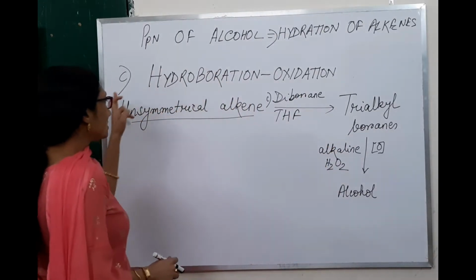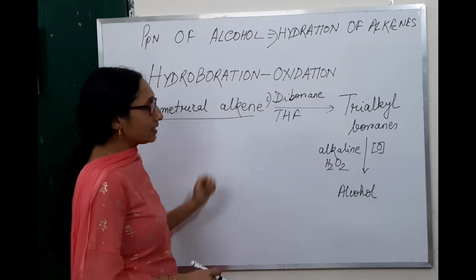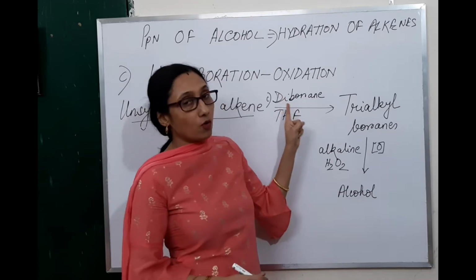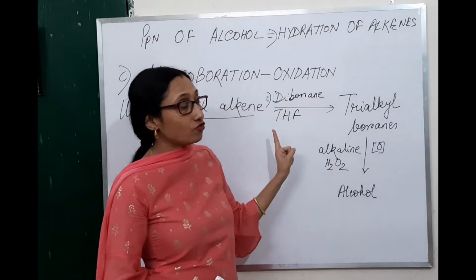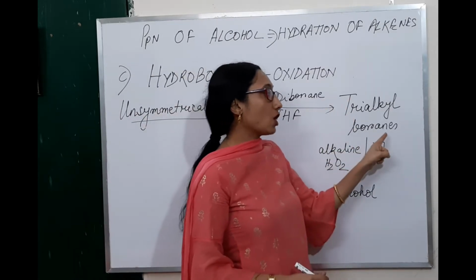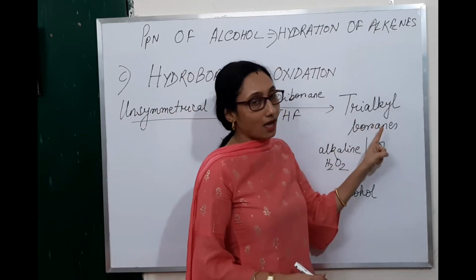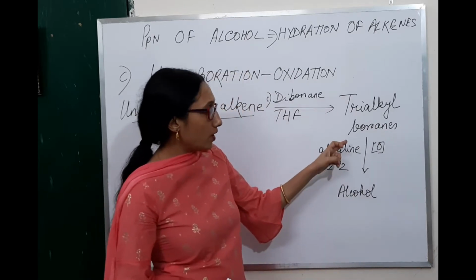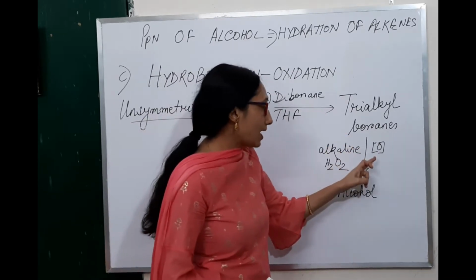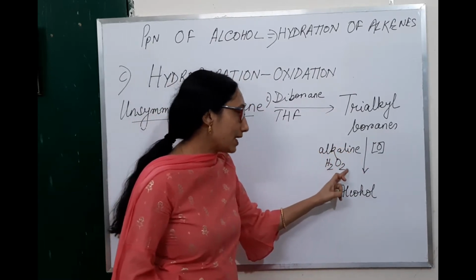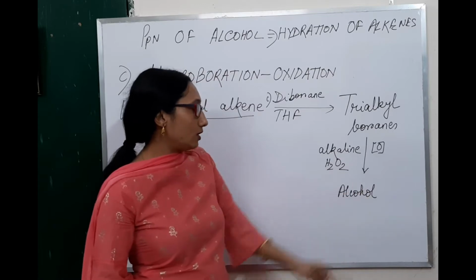So an unsymmetrical alkene is treated with diborane in a medium of tetrahydrofuran, leading to the formation of trialkyl boranes. And these trialkyl boranes, when oxidized with alkaline hydrogen peroxide, will give us alcohol.